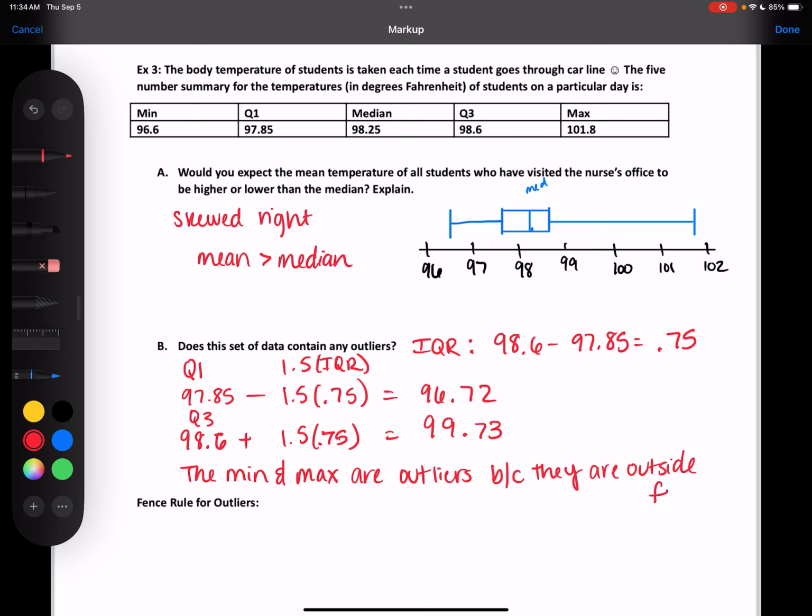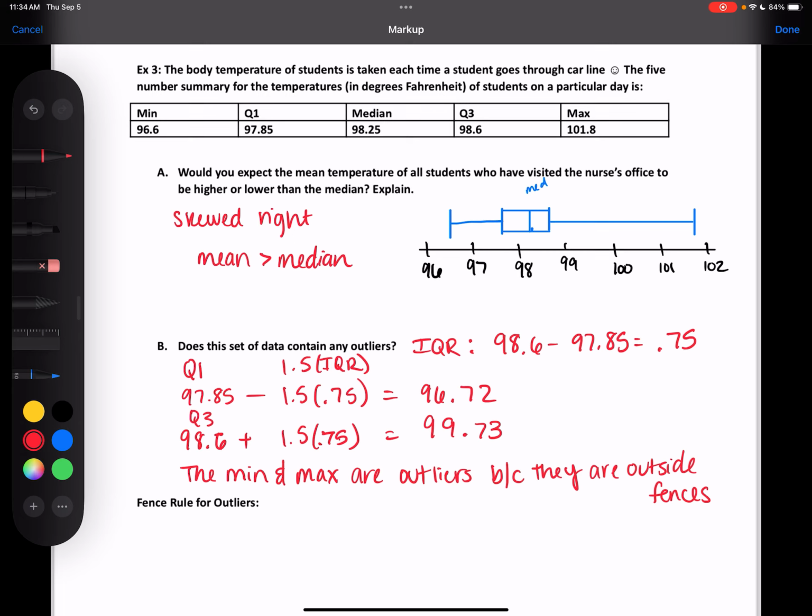Wait, how are they? I'm confused. I don't get it. This is the range that it has to be between. This is like your fenced-in yard, and your dog or your cat escaped and is outside of that.